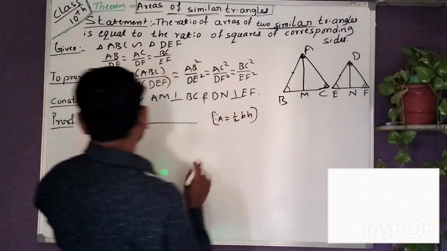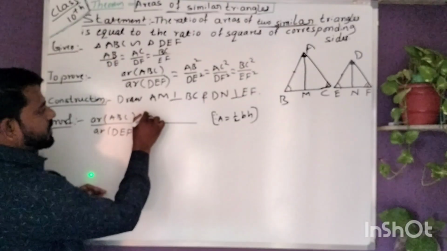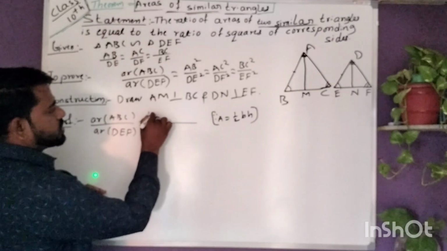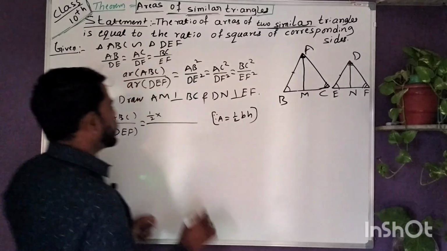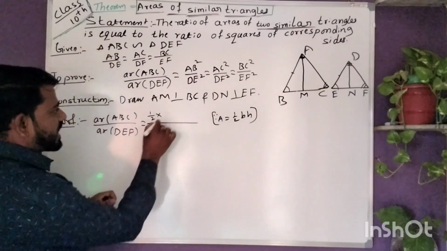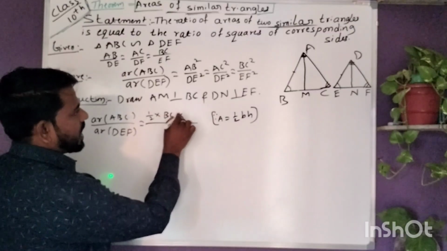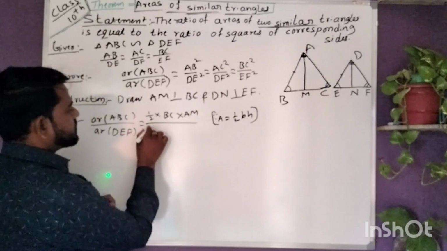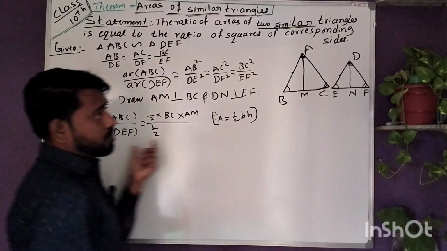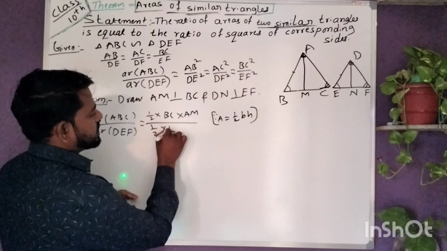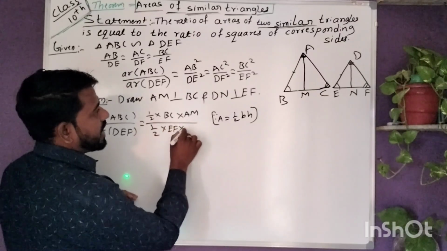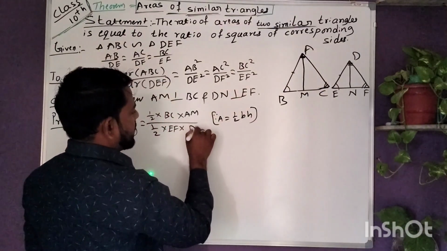Apply this to both the triangles. Area of triangle ABC is 1 by 2, base BC, height AM, the side to which the perpendicular is drawn. Similarly in triangle DEF, base EF and height DN.